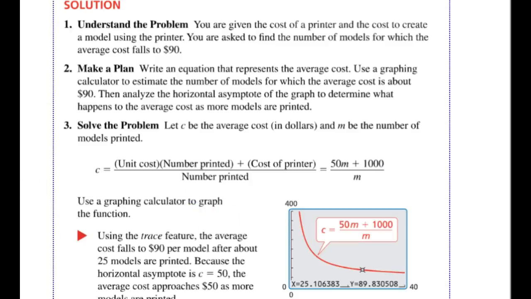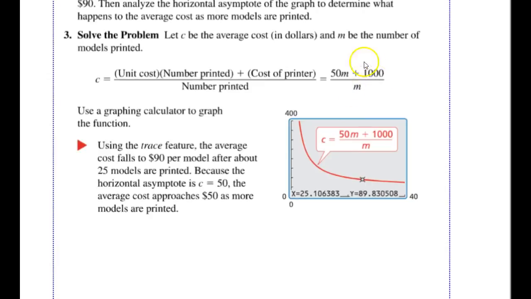So now I put that equation, 50m plus 1,000 divided by m, into my graphing calculator, and then I can use the trace feature, or I can use Desmos, remember, to find where it's $90 per model. So find where my y is 90. And then I can see that it's about after 25.